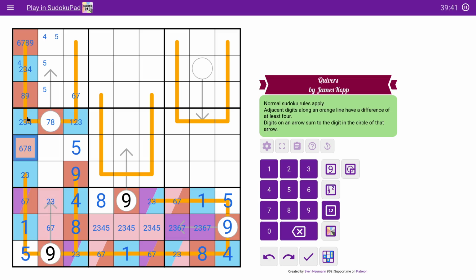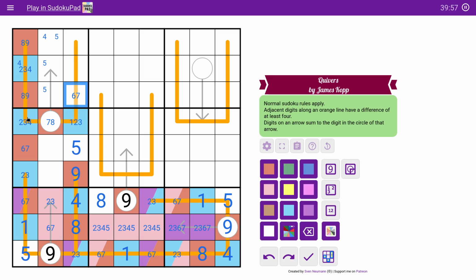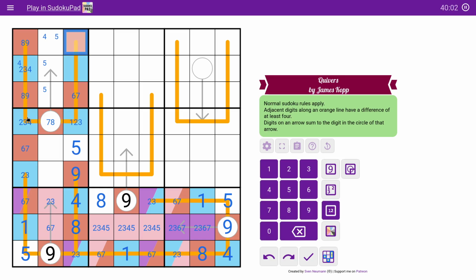This digit must be here. 6, 7 pair. This digit is here. Six, seven, this can only be 1, 2, or 3.